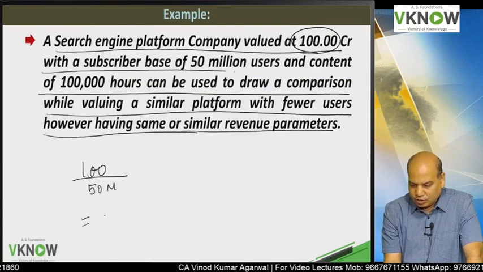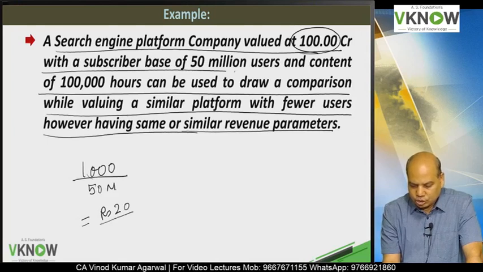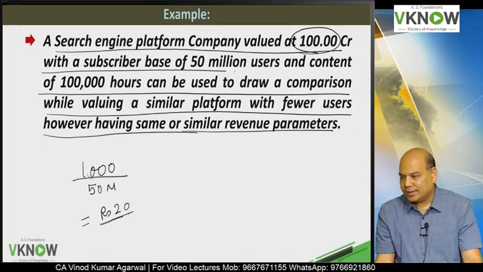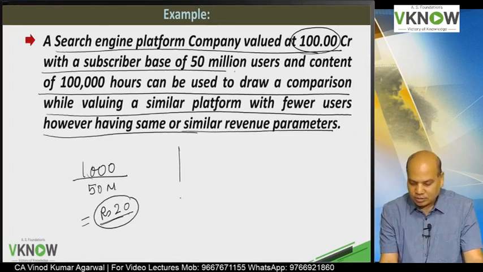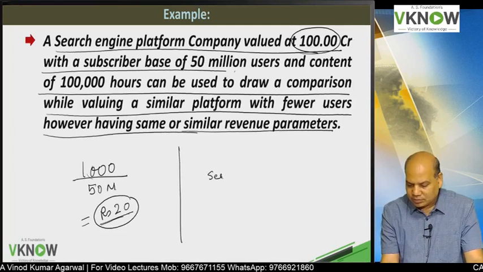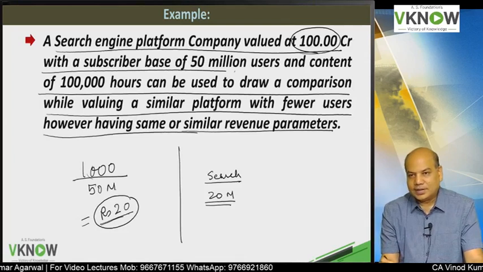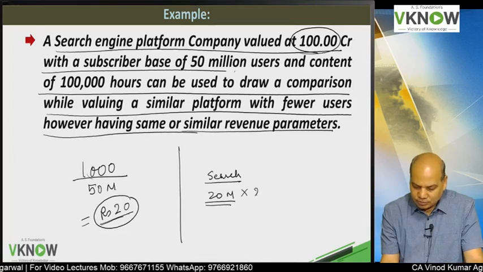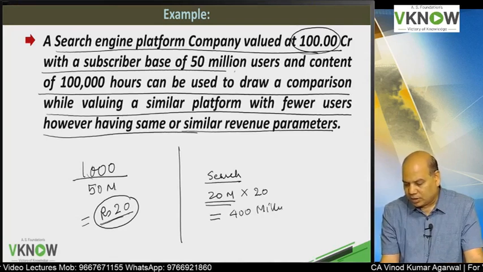So 100 crore is 1000 million, so 20 rupees valuation is done per subscriber. Another search company has only 20 million users. So this company will be valued at 400 million.